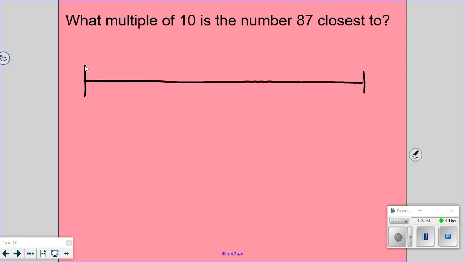Bryson gave us a good trick. When he was thinking about 43, he was like, okay, well, 40, because 40 is in 43. So I got 87. What 2 numbers is it going to go in between?